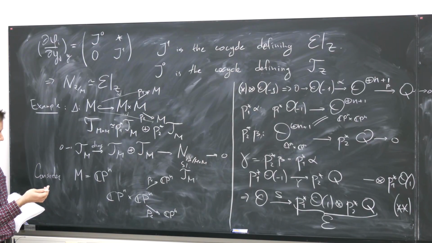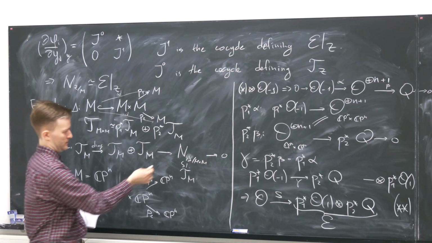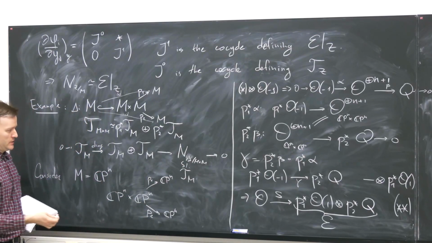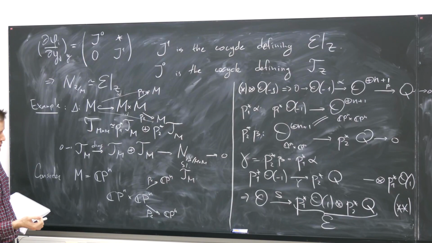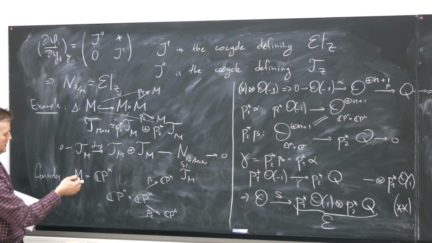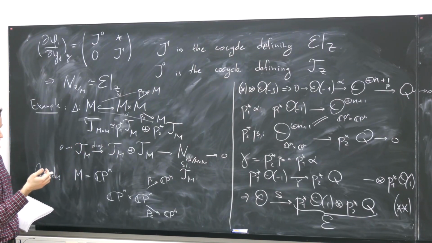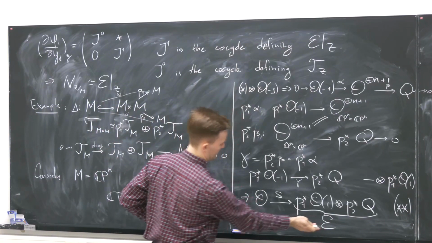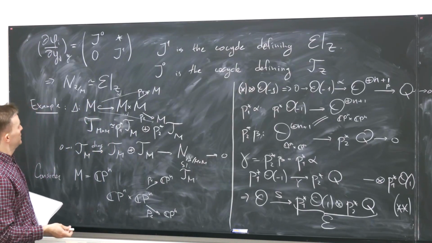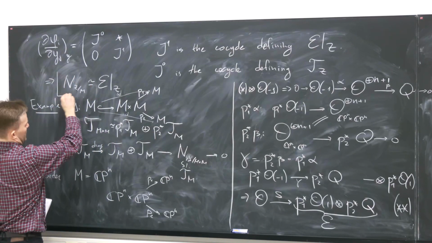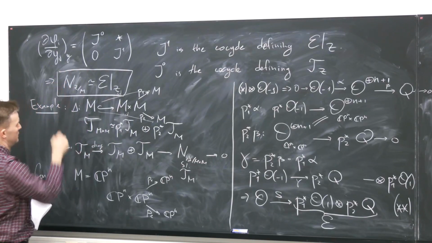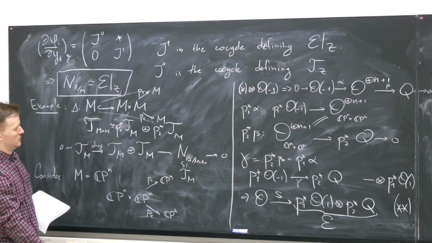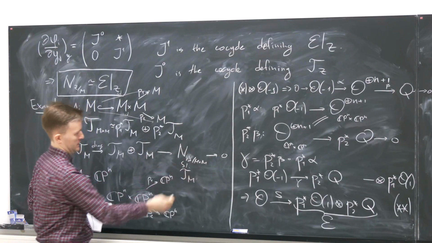Now I want to determine what is the tangent bundle of CPN, and I claim that if I know that this diagonal is given as the zero locus of some section of some vector bundle E, then by this previous computation with this cocycle, I can identify the normal bundle with the restriction of E to the submanifold, to the diagonal in this case, right?